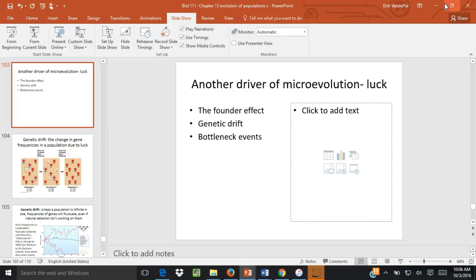They are still fluctuating, but they are fluctuating by luck. Dumb luck makes some genes become more frequent and other genes become less frequent, even though they don't do anything to help that living thing survive.